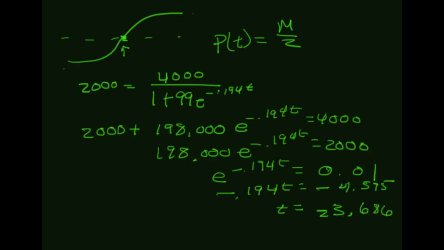So this t is time moving forward from the beginning of our experiment, which was when the elk population was 40, right? The elk population will grow to 2,000 in approximately 23 and a half years.